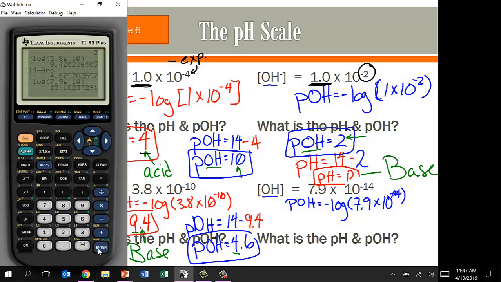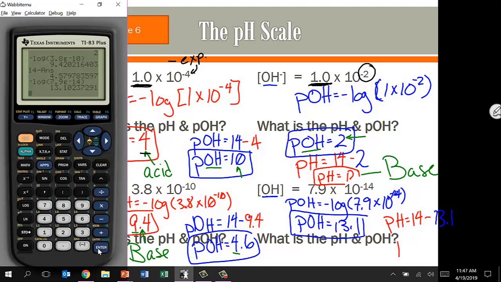And we get 13. Again, we can rough estimate, but we're not going to get it 100% right. 13.1 is our pOH. Our pH is simply 14 minus that 13.1.